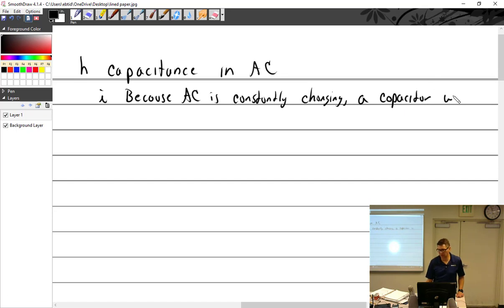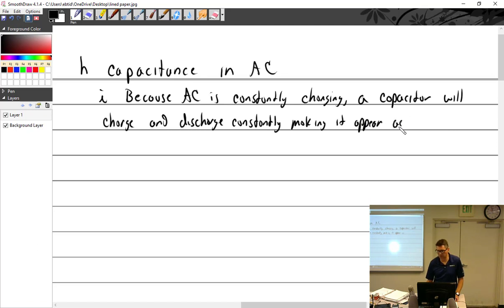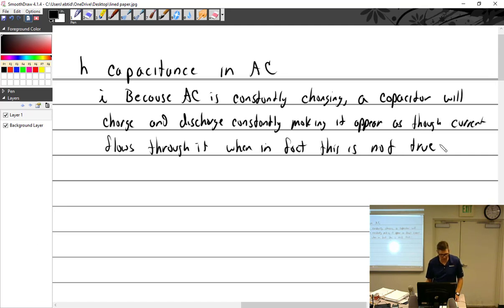The capacitor will charge and discharge constantly, making it appear as though current flows through it, when in fact this is not true. Sort of.